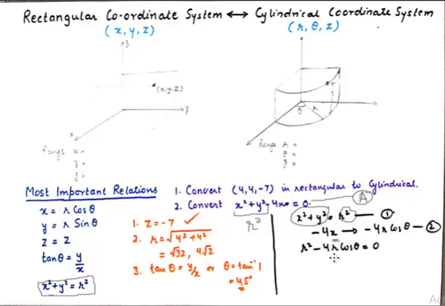So putting all this in equation A, I get r square minus 4 r cos theta is equal to 0, and then I can write r square is equal to 4 r cos theta, and I can write r is equal to 4 cos theta, and this equation is an equivalent equation of this equation in cylindrical form. So that's how you can convert a point or a vector in rectangular coordinate system into cylindrical coordinate system.